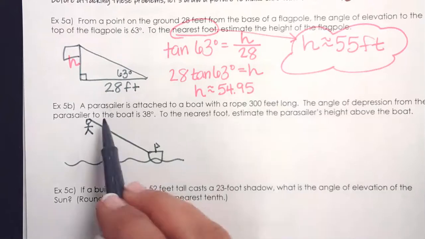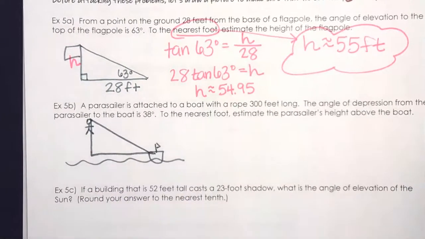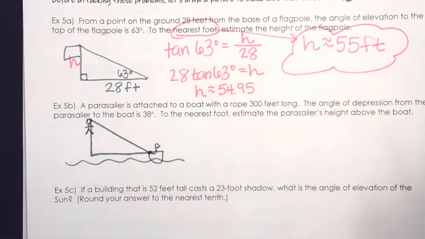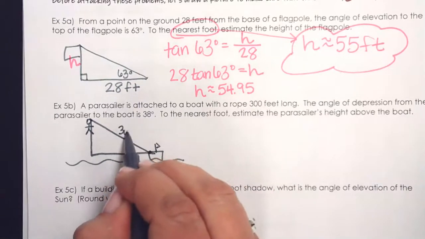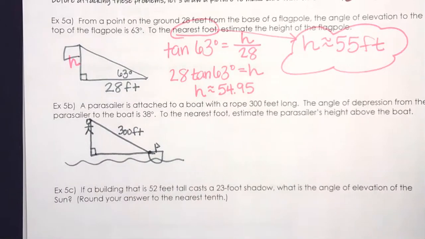What would we label if we're thinking about these triangles as 300 feet? If the rope is 300 feet long? Yes, the hypotenuse is going to be the 300 feet. Now it says that the angle of depression from the parasailer to the boat is 38 degrees.